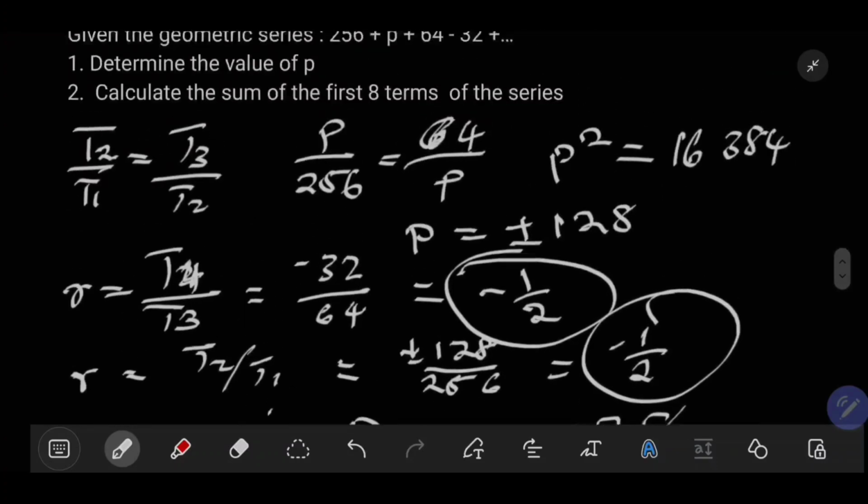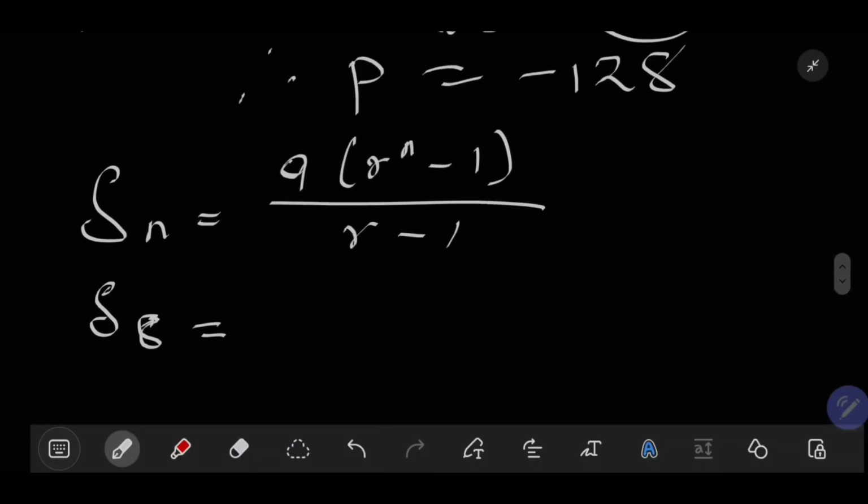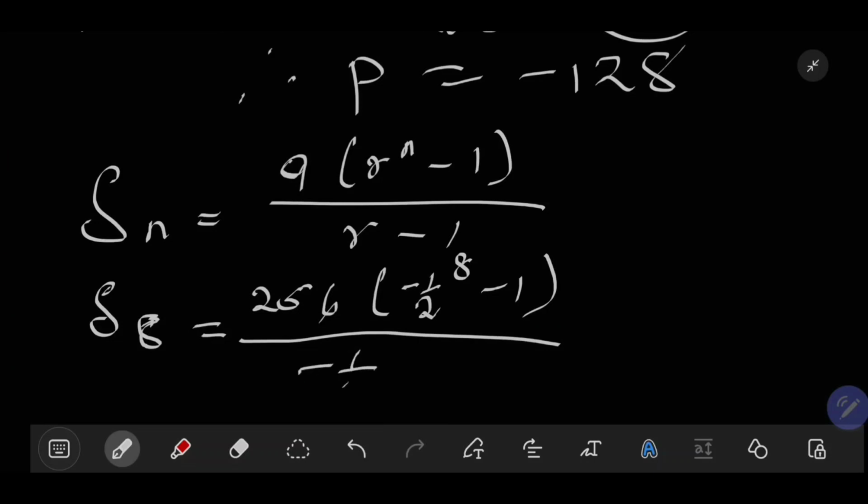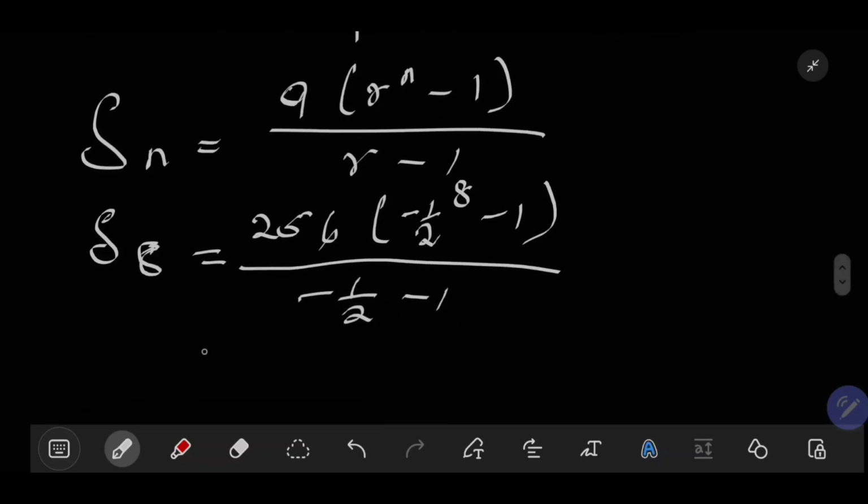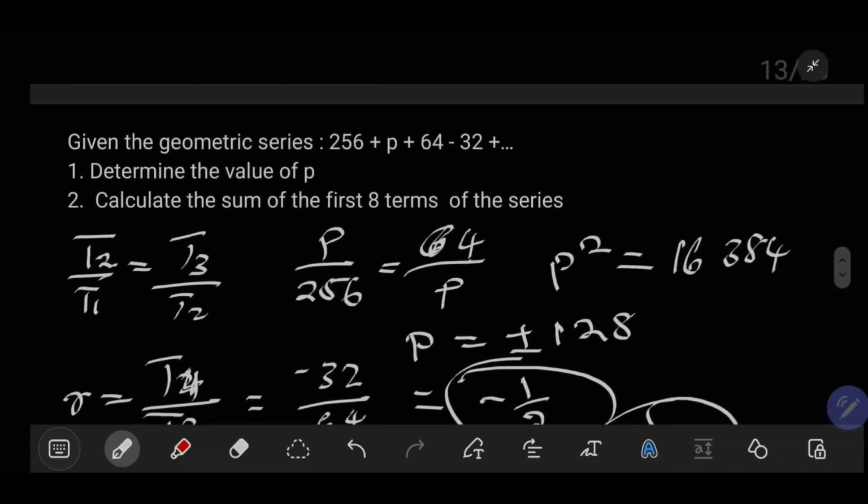The value of a is 256, into the value of r, negative 1 over 2, to the power n, which is 8, minus 1, divided by negative 1 over 2 minus 1. When you press your calculator, you should get the value of 170. So the sum of these terms is 170.